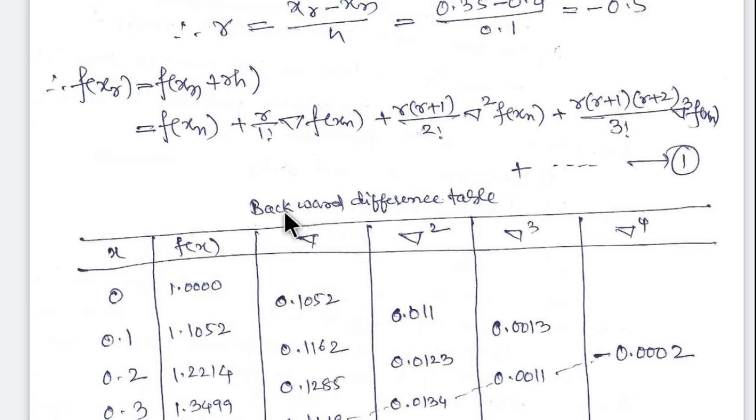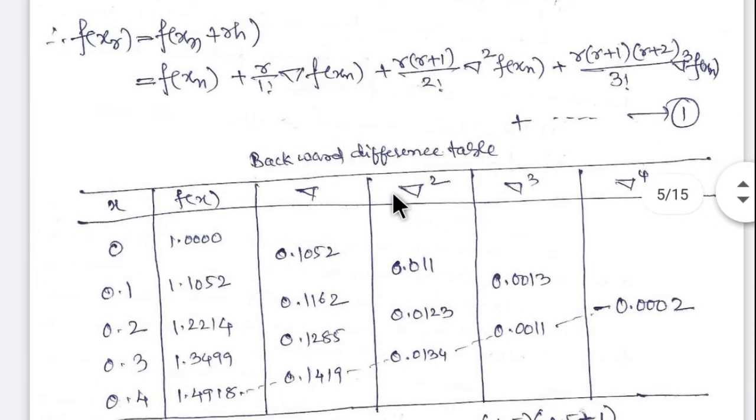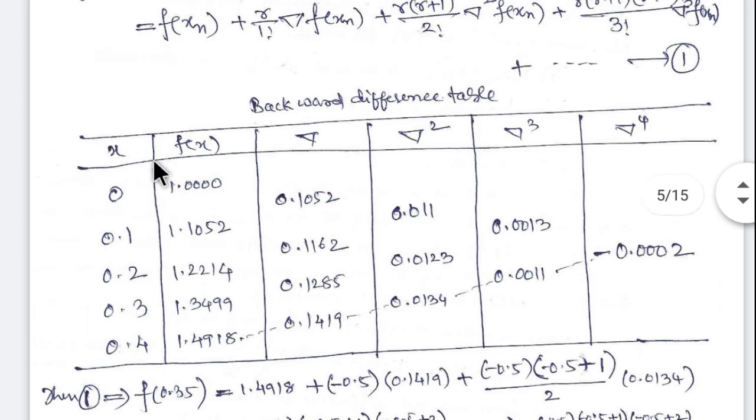Now construct the backward difference table. The method is similar, but we use the operator del for backward; you can say backward difference table or simply difference table. Write the arguments and entries.